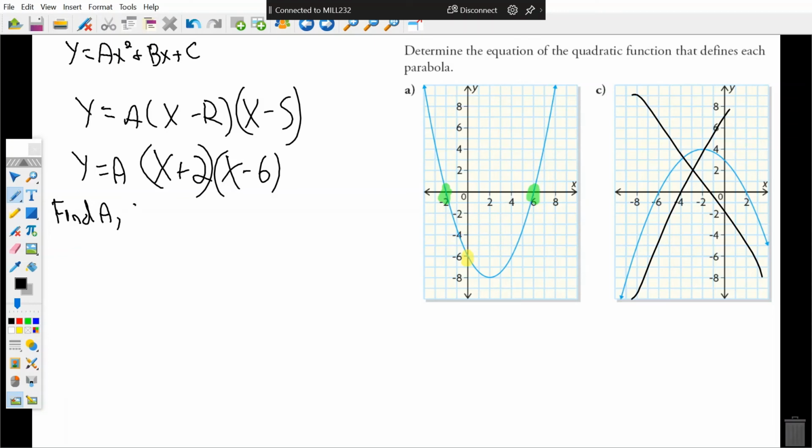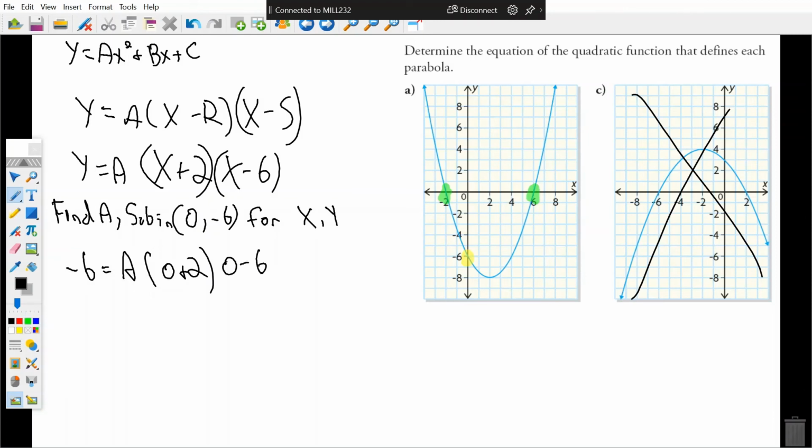So we sub in the y-intercept, which is 0 and -6 for x and y. Okay. So I put a -6 in for y. -6 equals a times 0 plus 2 times 0 minus 6. 2 and -6 equals -12.